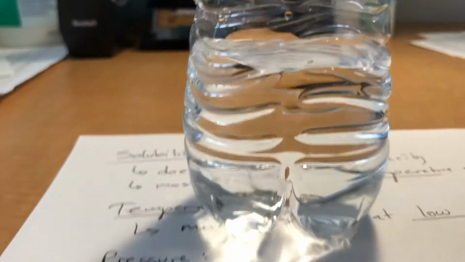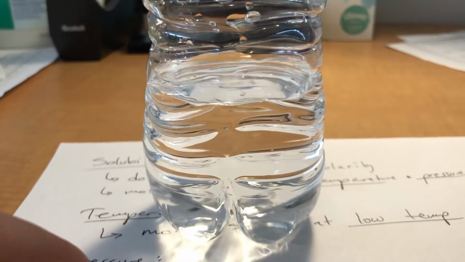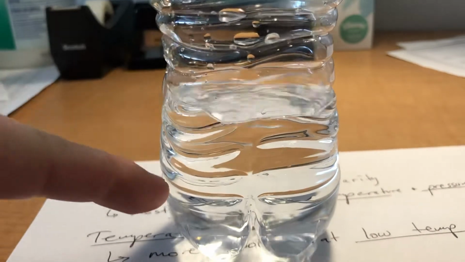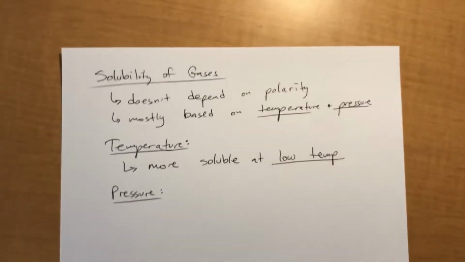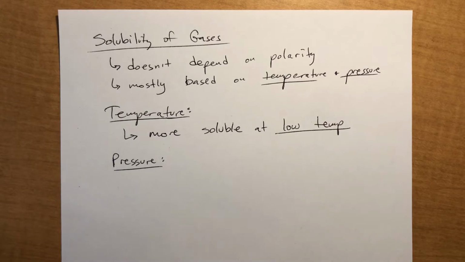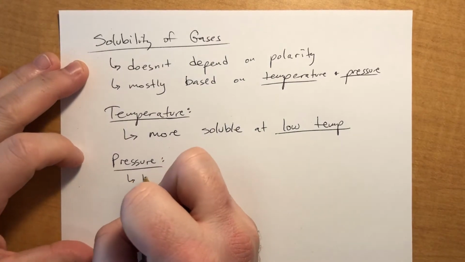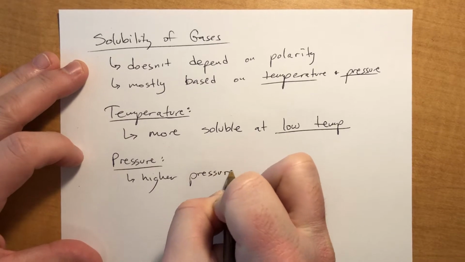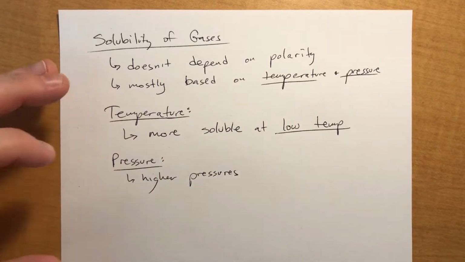Similarly, when we talk about pressure, the more gas molecules there are up in this space, the more likely it is to dissolve down here. So it turns out that if you want gases to dissolve, you want really low temperatures and really high pressures. So basically higher pressures means more gas dissolved.